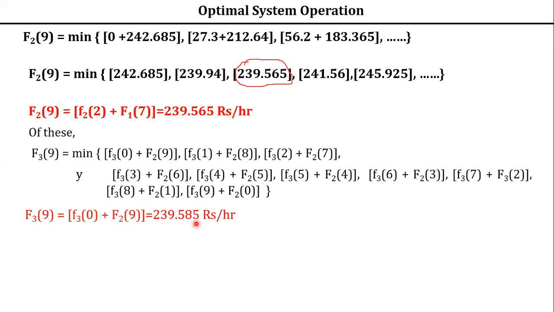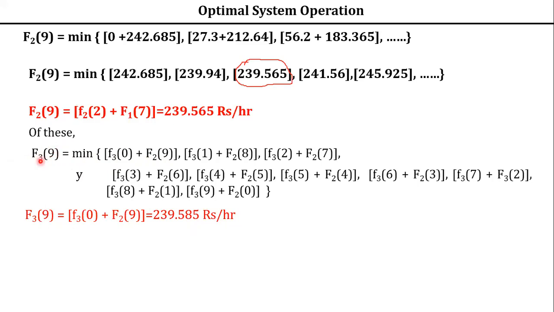Okay. Next, F4 of 9. There are totally 4 units, isn't it? So for each load, 9 megawatt of load, you have to find out F1, F2, F3, F4 of 9. Then this is your F3, so this is the value. Then same thing, F4 of 9. What are you going to get here? This one and this one.